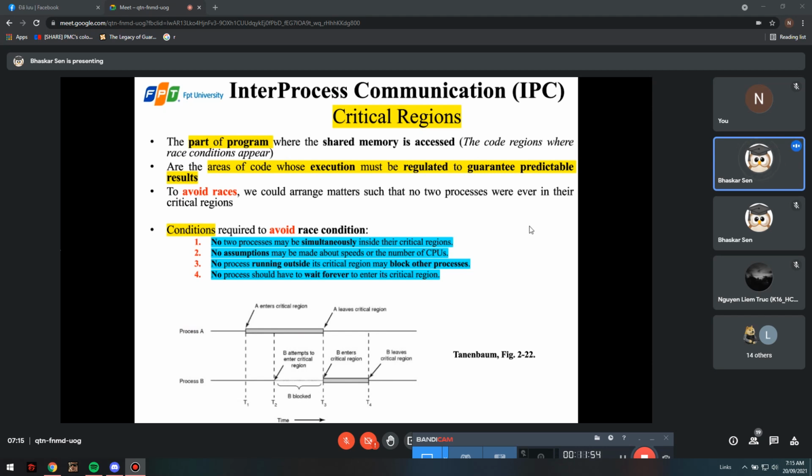So let's just try to look at it from the perspective of a process. Just assume it's a single-threaded process. A process is nothing but sequential execution of code. So say line 1, line 2, line 3. Now for a simplified understanding, let's think that's the way your process is running and getting executed.